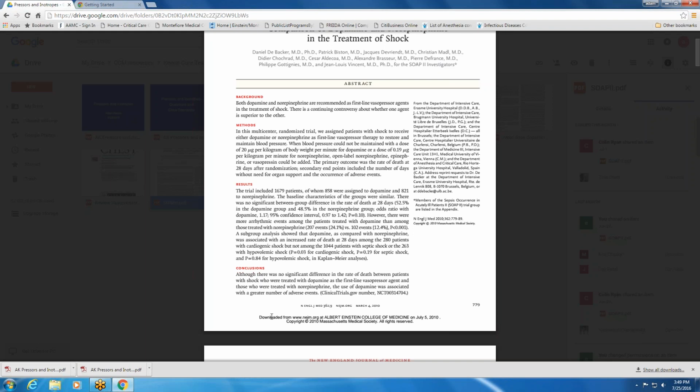At higher doses, it becomes more of an alpha agonist. It's also not as potent as norepinephrine, so the upper limits of dopamine dosages aren't as potent as the upper limits of norepinephrine dosages. Anyhow, we don't use it much in the unit anymore. You see it on the floor these days.